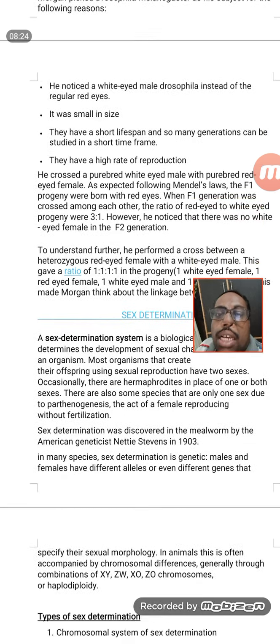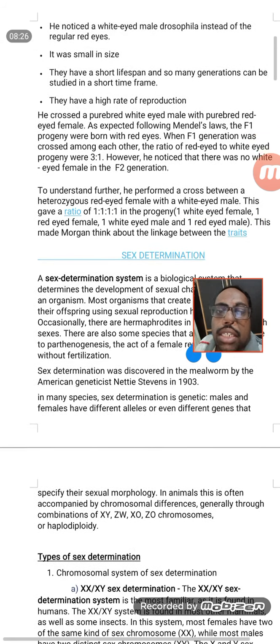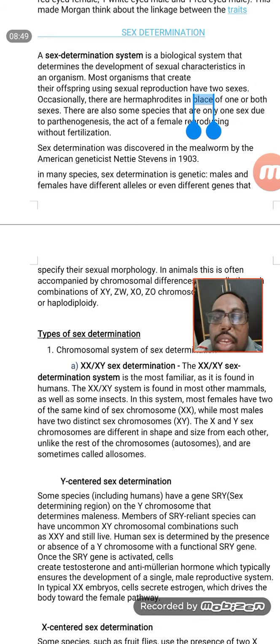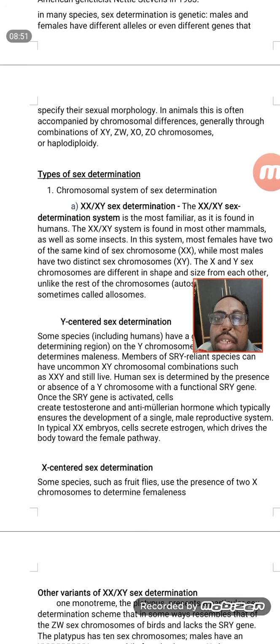And next comes sex determination. After studying about genes and chromosomes and other things, one of the main important things is how the organism determines sex, whether it is a male or female. There are mainly two or three types of sex determination.